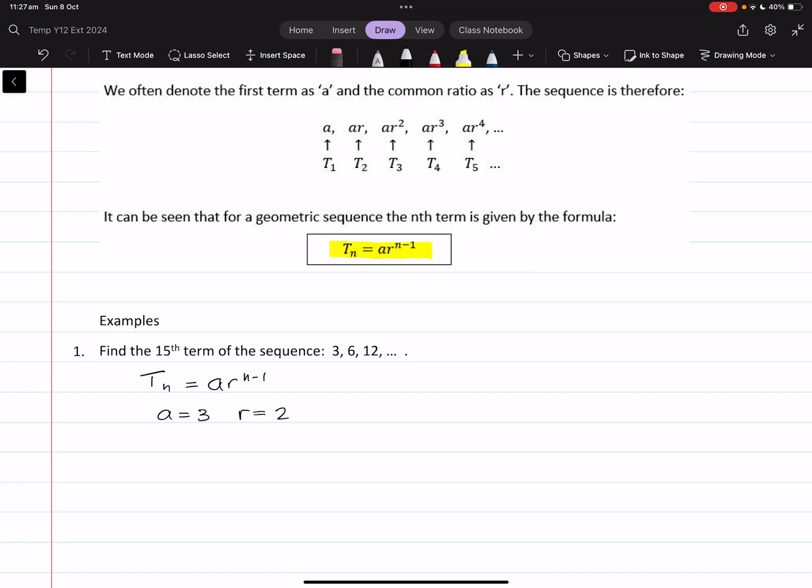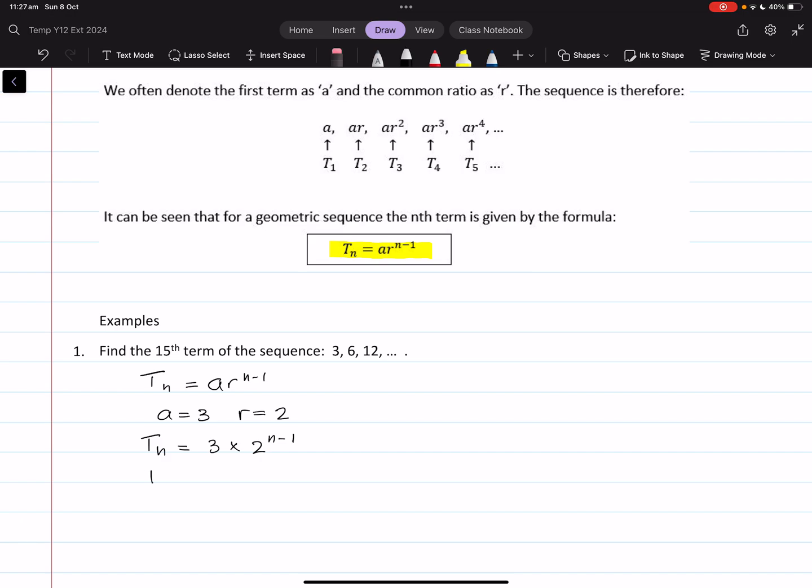Check, 12 divided by 6 also gives 2 to make sure it is, in fact, a geometric sequence. So substituting those into the formula, we get Tn equals A, which is 3, times R, which is 2 to the n minus 1. And so there's our formula, which you can't simplify, by the way. You can't write that as 6 to the n minus 1. Be very careful. It is left as it is there, 3 times 2 to the power of n minus 1.